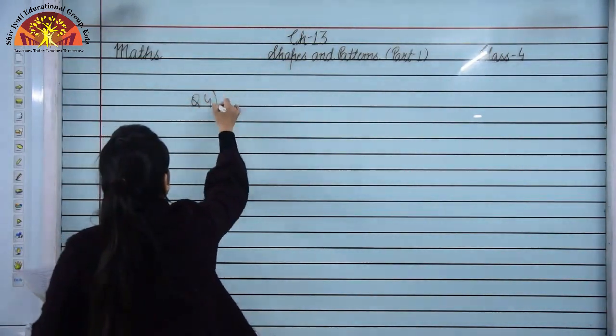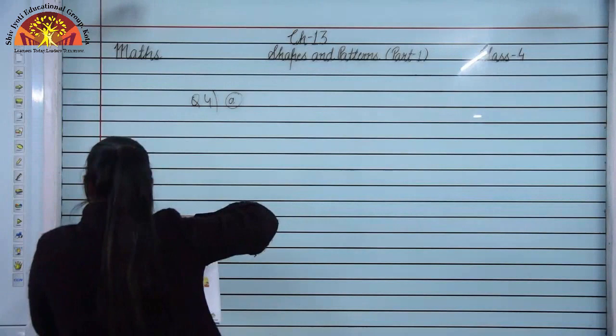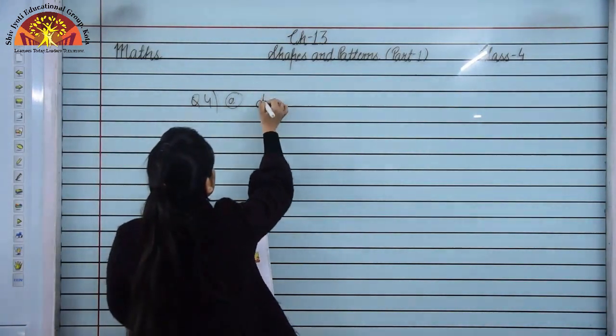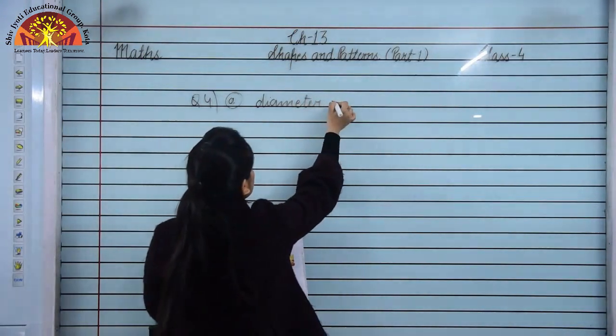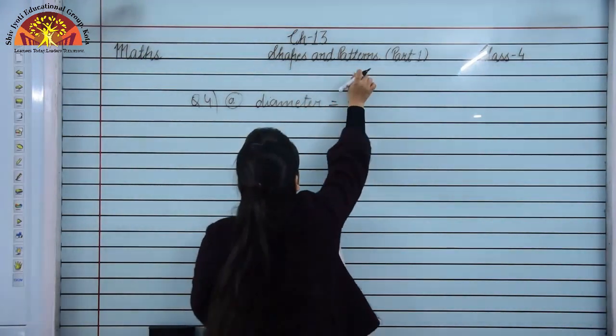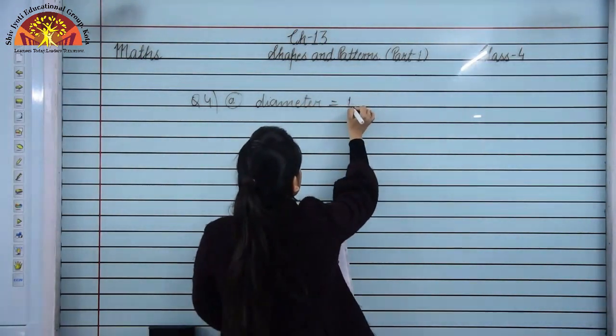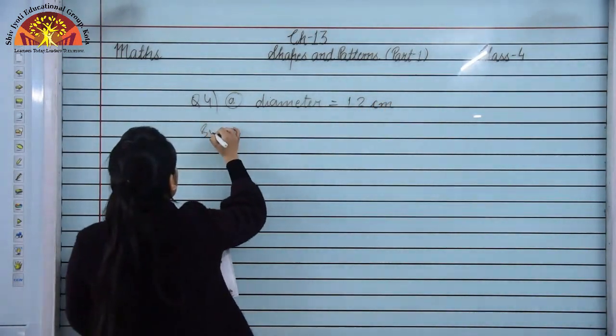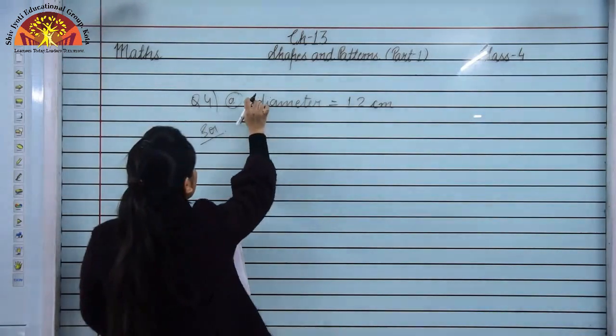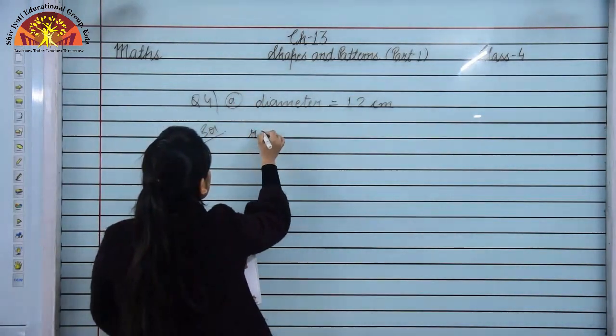Question number 4, I am taking A part. Diameter is 12 centimeter and we have to find the radius of a circle.